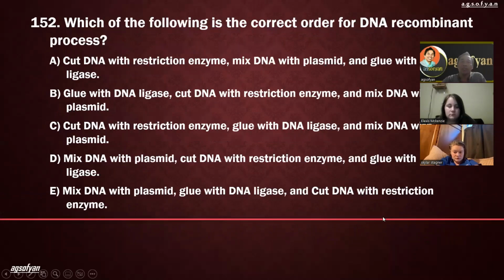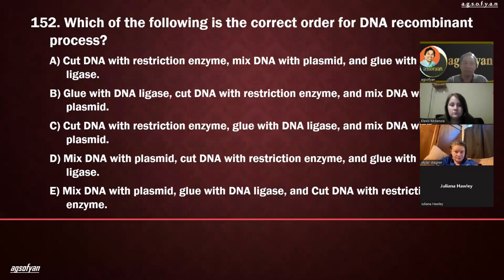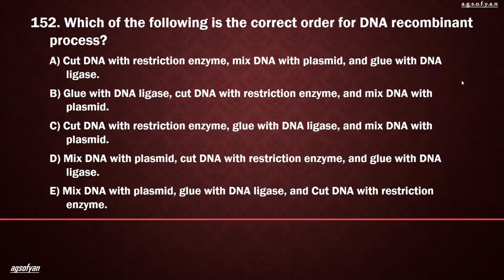Which of the following is the correct order for the DNA recombination process? We already had this in the class last time in the quiz. What do we have to do first? We have to cut the DNA, right? What enzyme do we use for cutting the DNA? Restriction enzyme.